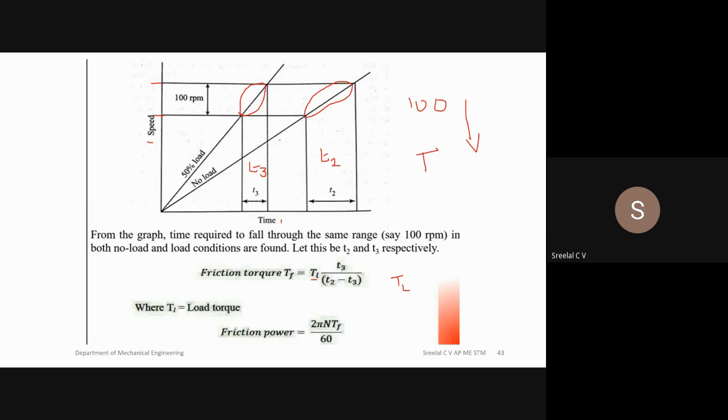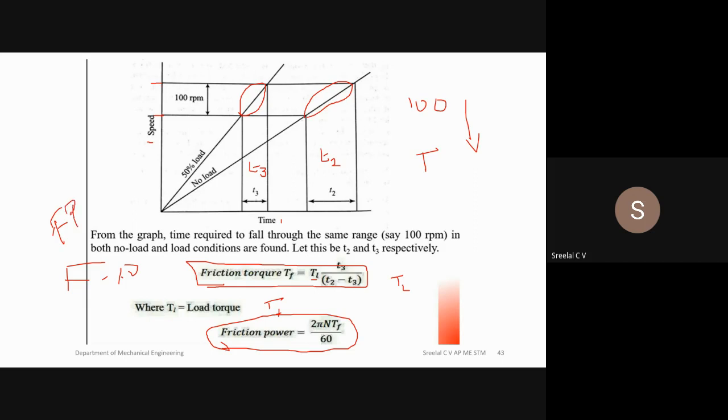From this equation we can find the friction torque, and by substituting that Tf in the frictional power formula, we will obtain the frictional power. Understood?